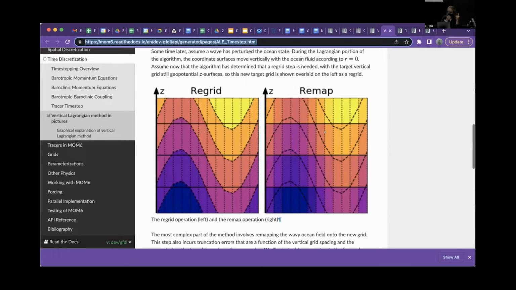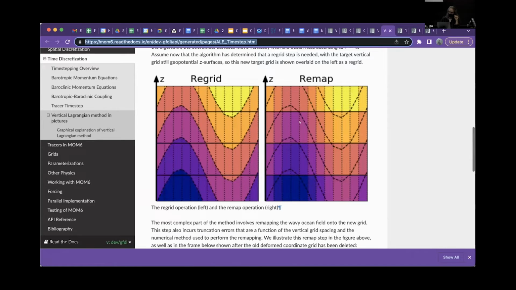The remap step takes the state and remaps, and in this example, it's just a linear interpolation of the state to the solid horizontal lines now. Now you see a blurring of the left figure. It's a little blurred when you remap because you only have a certain amount of vertical degrees of freedom to do that remapping, and so you lose a bit of the resolution through truncation.